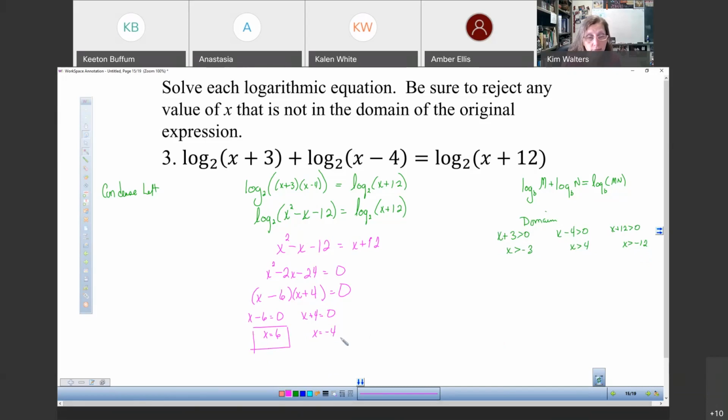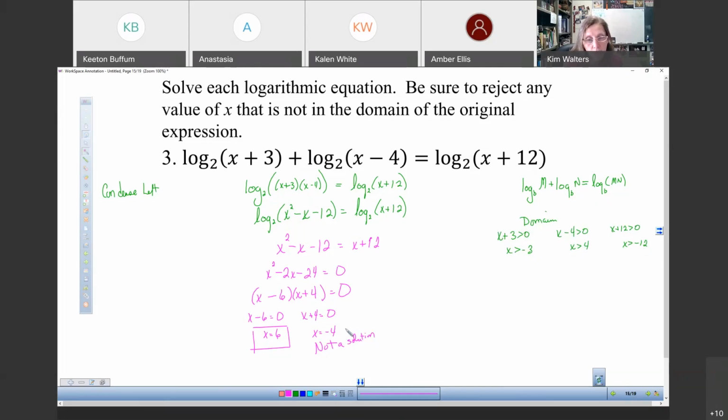What about negative 4? Well, negative 4 is not greater than negative 3, so it violates this one, and it violates this one. Okay, so it does fit this one, but it doesn't fit either one of these two, okay? So this is not a solution. This value must be rejected, okay?